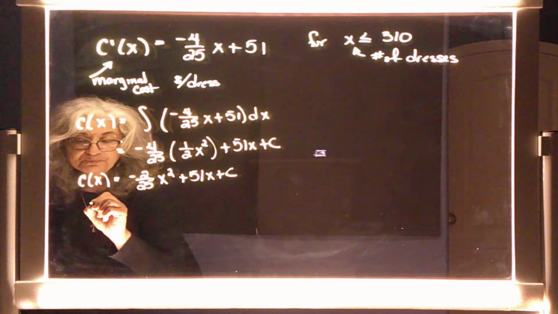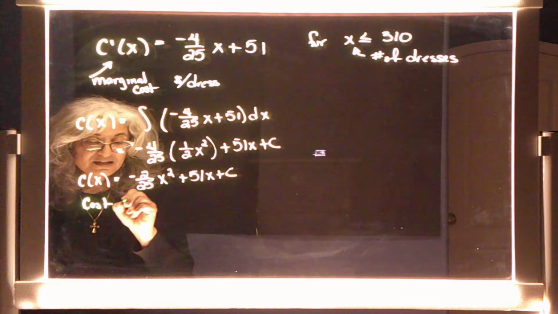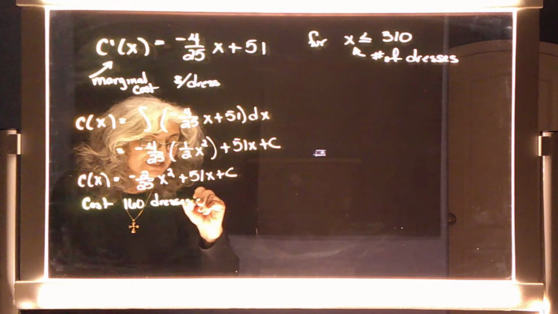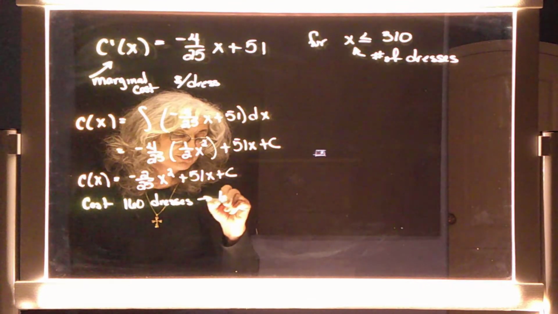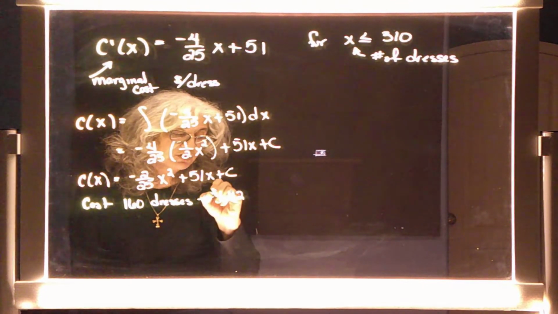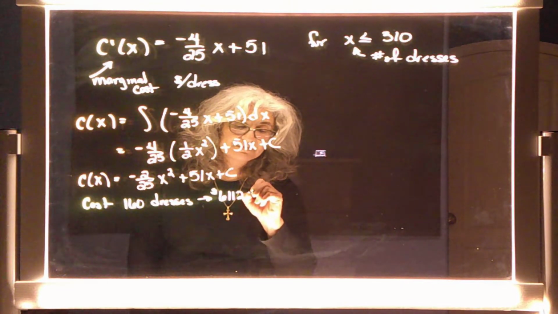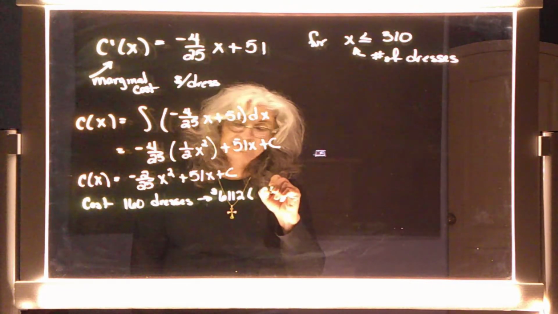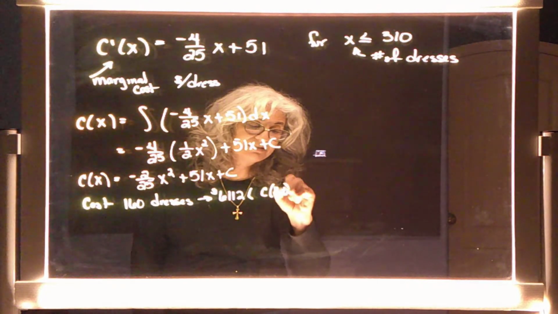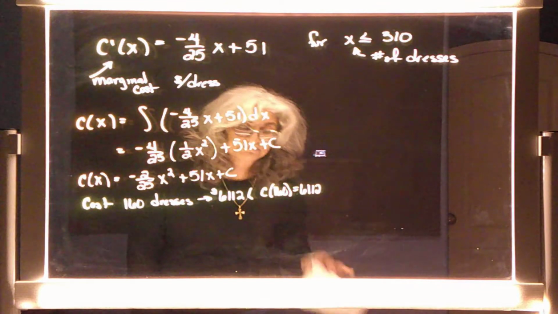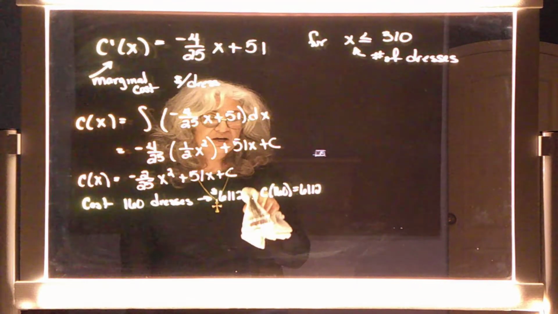So the cost of 160 dresses is equal to the $6,112, isn't it? Which basically means C of 160 is equal to $6,112. Are we in agreement with that?